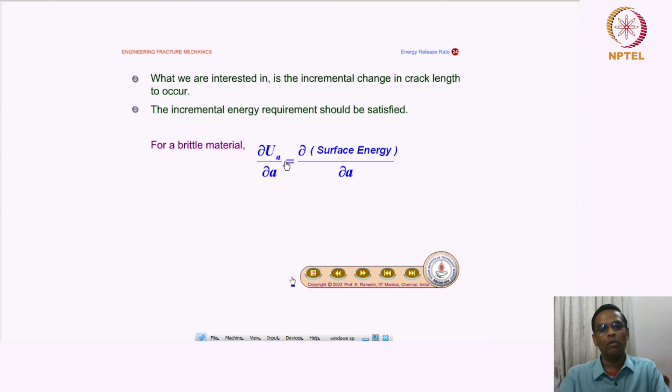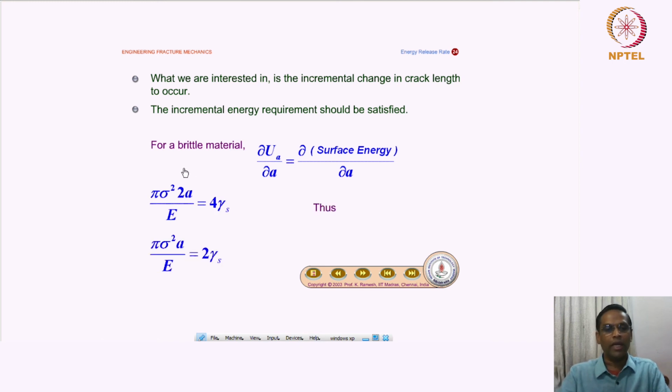So dou U_A by dou a is equal to dou surface energy by dou a. That means the change in energy as a function of crack length is equal to the change in surface energy. This is the energy balance we are trying to do. If we rewrite the expressions we have got, we can write pi sigma square 2a by E equal to 4 gamma_S.